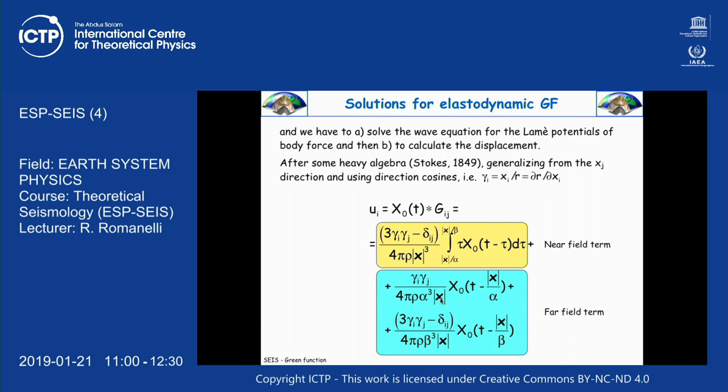Okay? What about this? Well, this is the normalizing factor for P and S waves, alpha and beta. Please do remember that we are now considering an infinite, homogeneous, isotropic, perfectly elastic medium. Okay? So we understand this, but we also understand this.